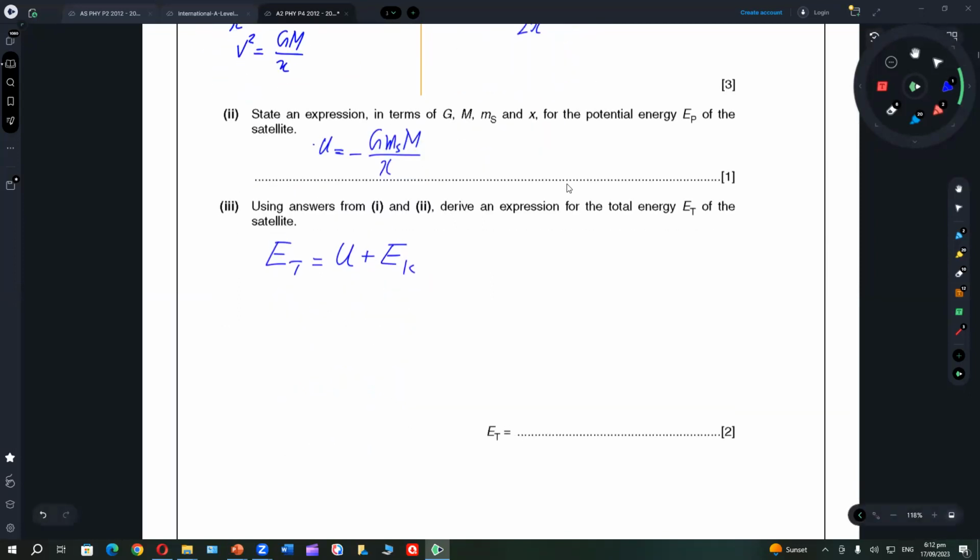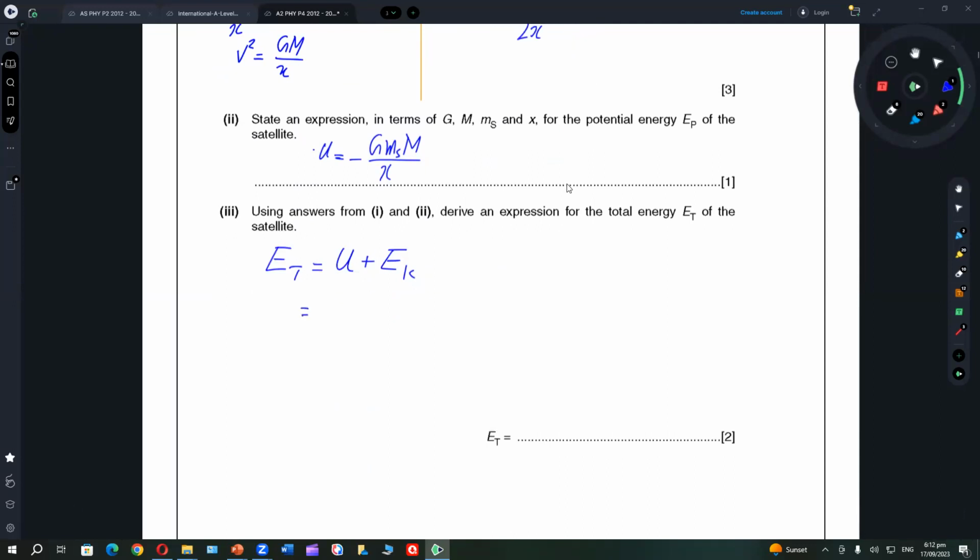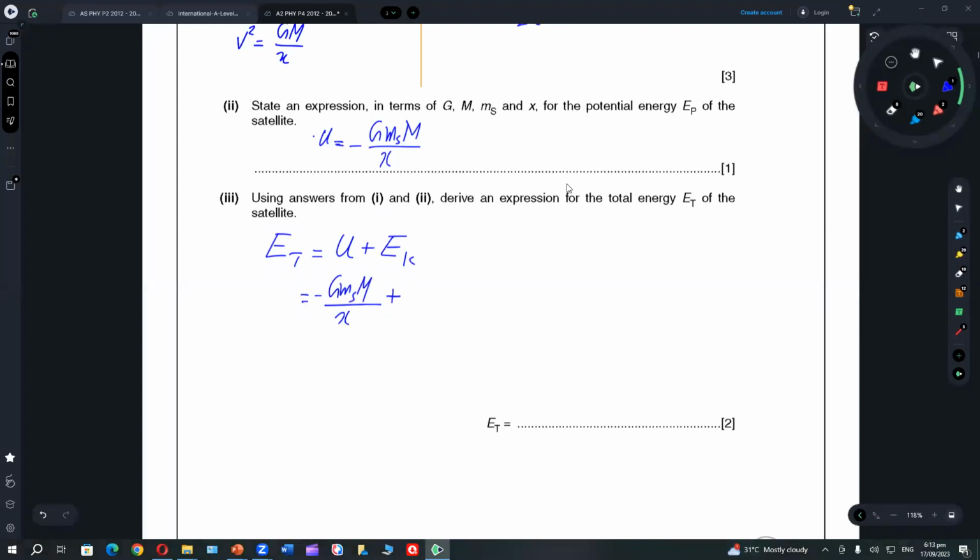I have the potential minus G ms M upon x plus G ms M upon 2x. So as in all derivation style, I can take common G ms M upon x. Everything is common. Minus 1 plus half.